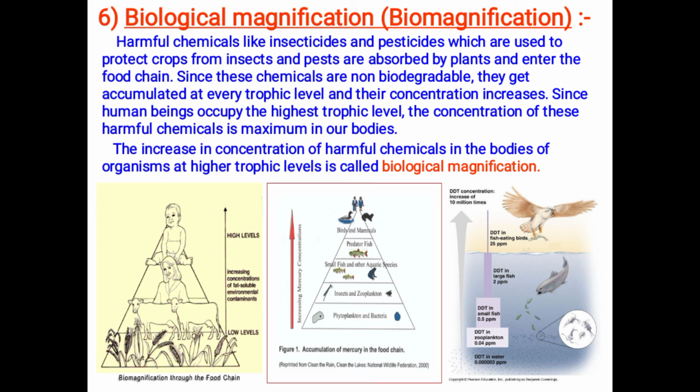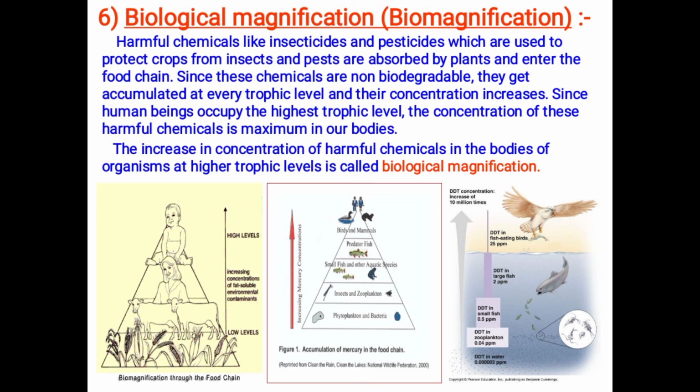Why will these chemicals pass? Because these chemicals are non-biodegradable, means they will not break down into simple substances, they will not decay, they will not decompose. So these chemicals will also transfer from producers to consumers.